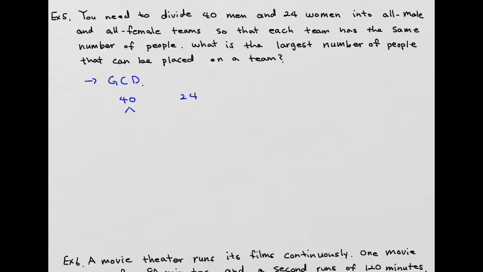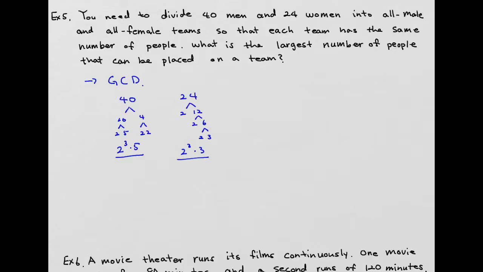So it will be 10 times 4. 10 is 2 times 5. 4 is 2 and 2. All four are prime numbers. So you have 2 cubed times 5 for 40. For 24, 2 times 12, 2 times 6, and 2 times 3. So 24 is 2 cubed times 3.